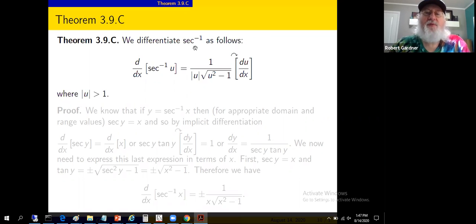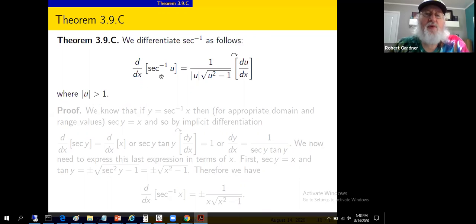All right, so we'll differentiate secant inverse, and rumor has it we get the following. The derivative with respect to x of secant inverse of u is 1 over the absolute value of u times the square root of u squared minus 1, with du/dx stuck on the side by the chain rule, valid for the absolute value of u greater than 1.